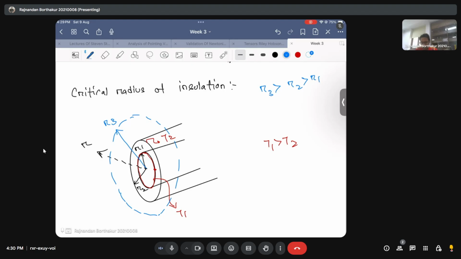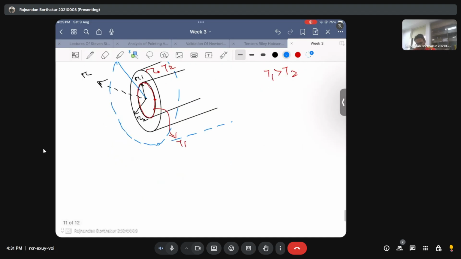And then they try to see whether putting this material, in addition to this material, will make the heat transfer increase or decrease. Now there is a common myth that adding insulation to cylindrical objects always decreases the heat transfer, but that is not the case.